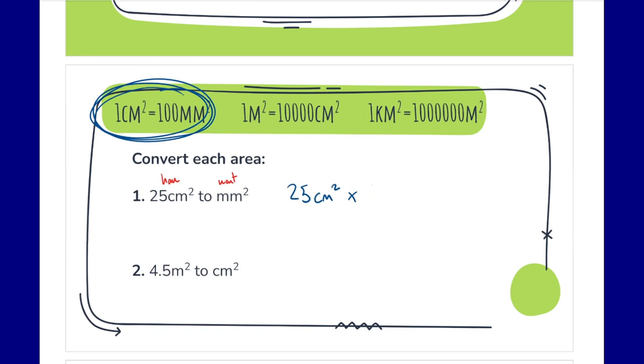The top number is the units we want. So 100 millimeters squared divided by the units we have, 1 centimeter squared. 25 times 100, 2,500 millimeters squared is our final answer.